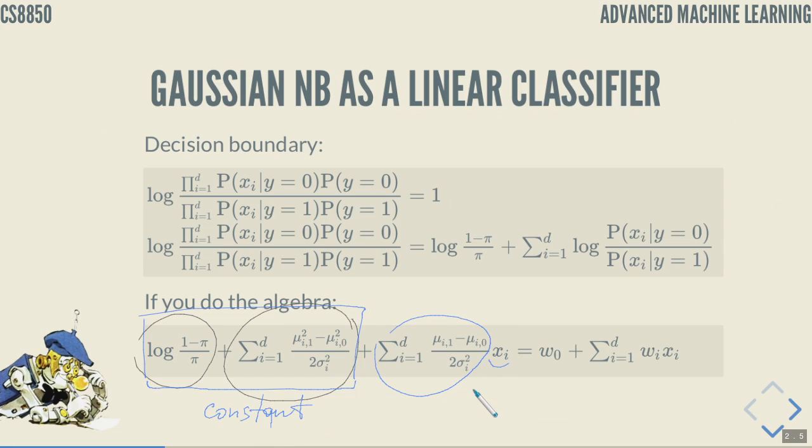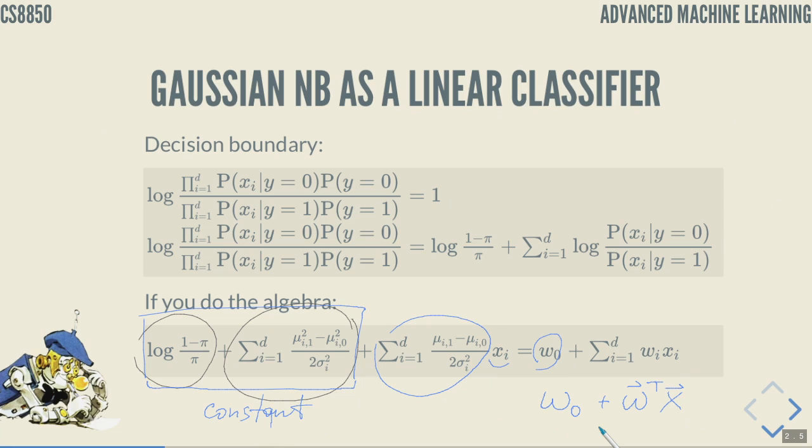multiplicatively affects the data. If we combine this constant into a single constant here, we'll see that, oh look, what we are getting is a bias plus a linear term. Gaussian naive Bayes in the case of the same variances, or class independent variances, is a linear classifier.